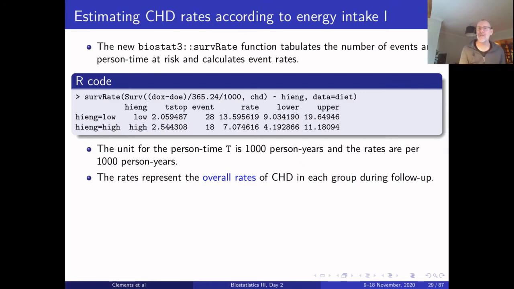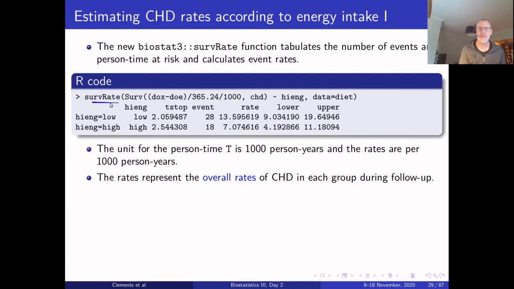What we're going to do now is use those design matrices and linear predictors to investigate the relationships in the diet data set. First, we look at the numbers of events.